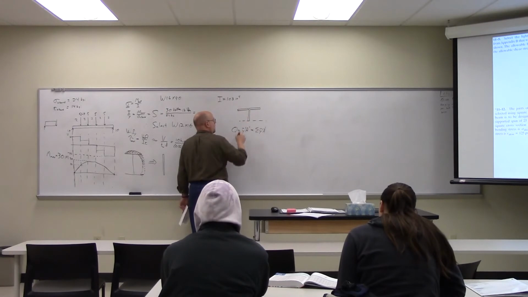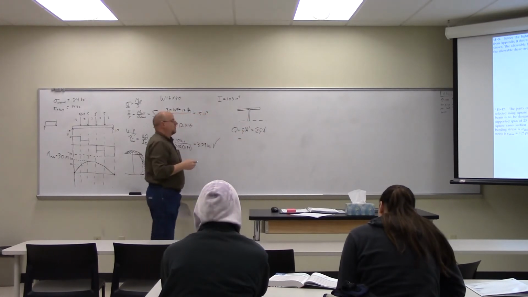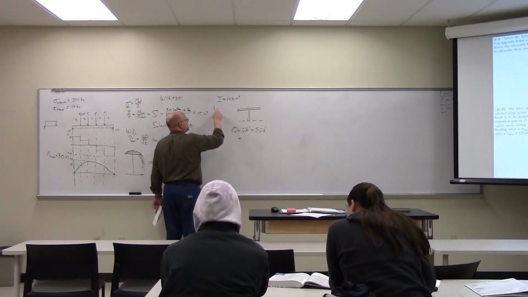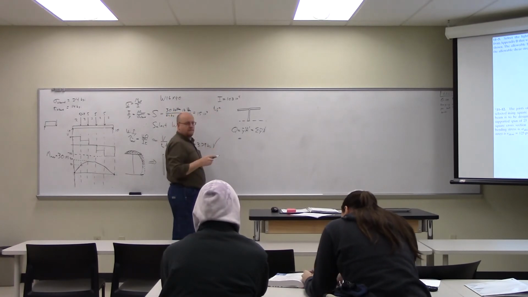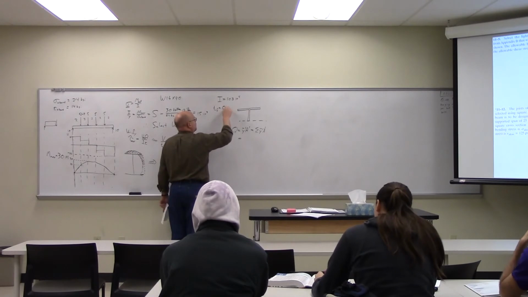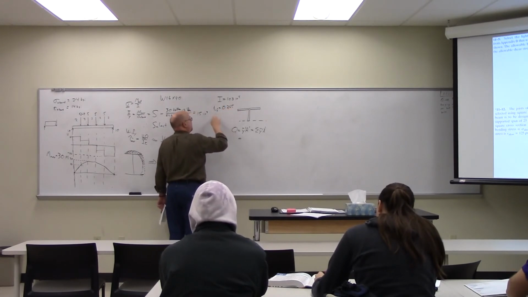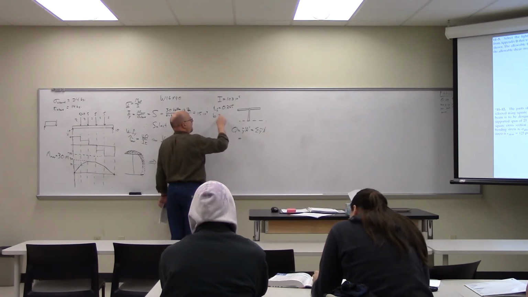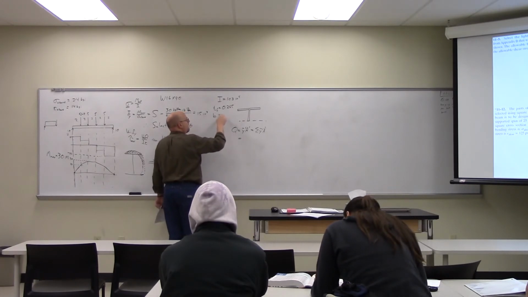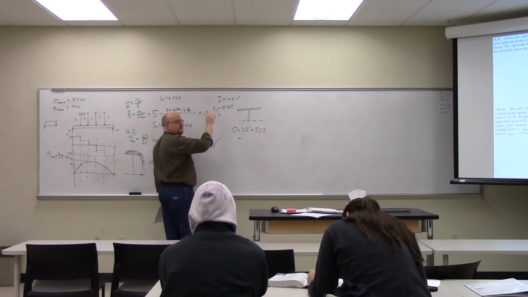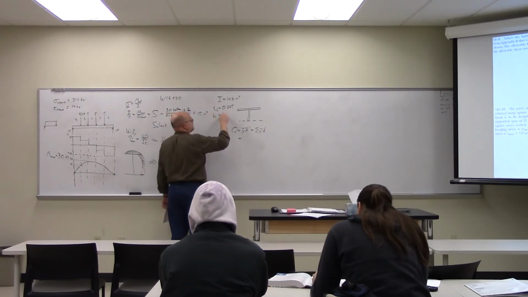What's the thickness of the flange from the book? 0.265. And B, the width of the whole thing, the width of the flange? 3.990.